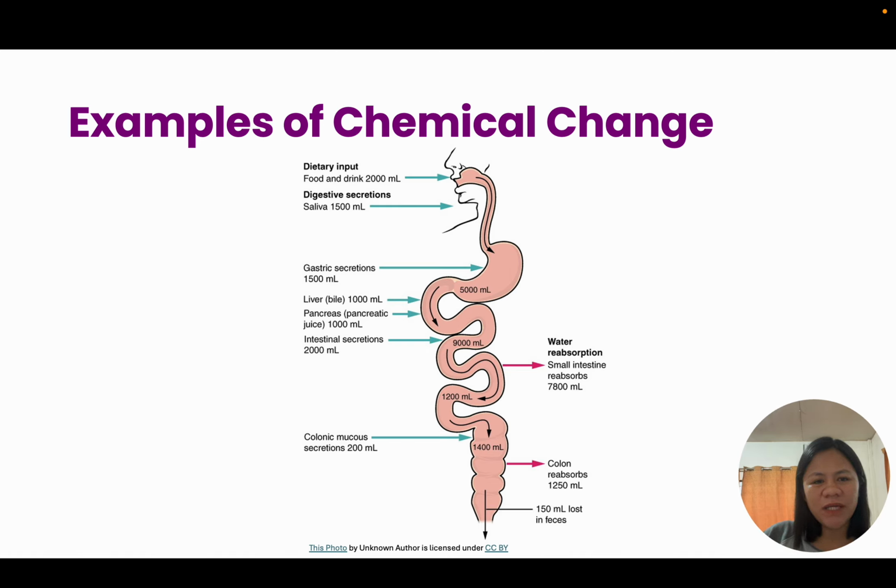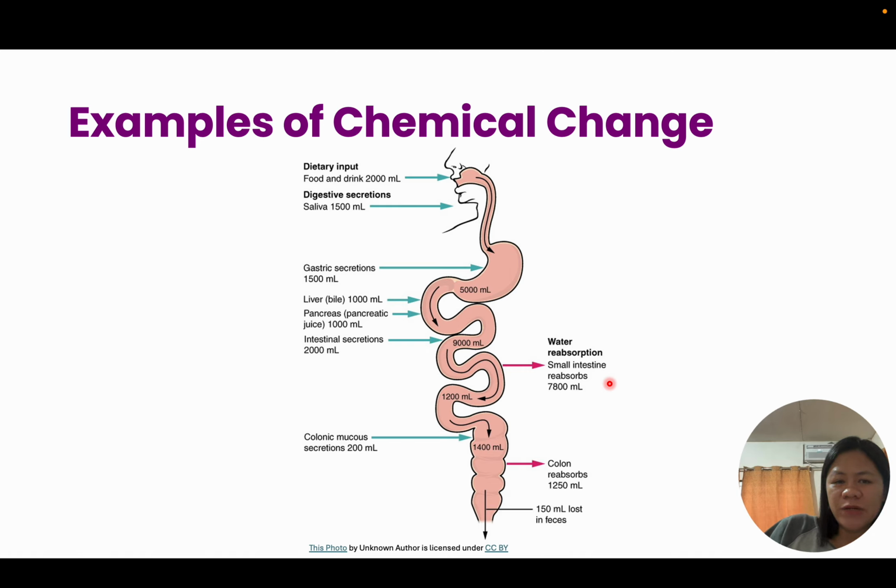And of course, as you can see on the stomach part, we have our gastric juices here that will further digest the food that we eat. Then it passes through the liver, the pancreas, and then we have what we call intestinal secretion. And in our intestine, there is water absorption.